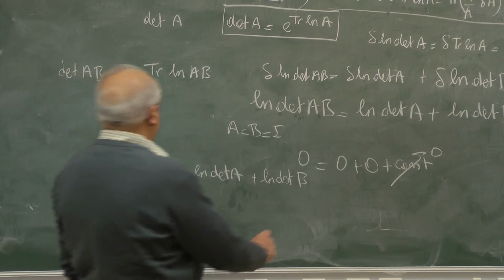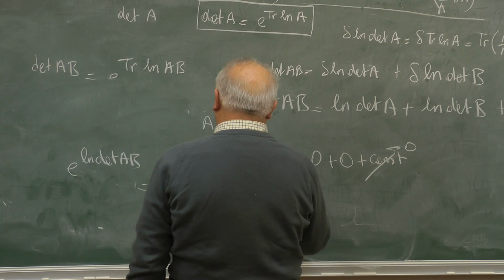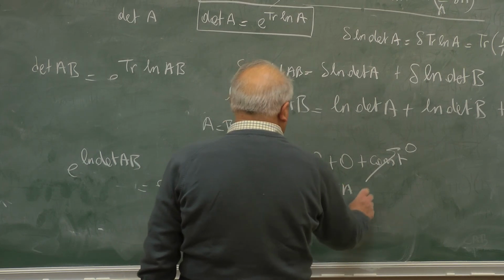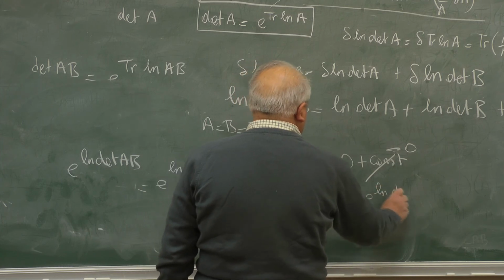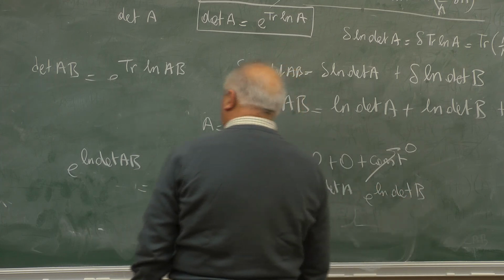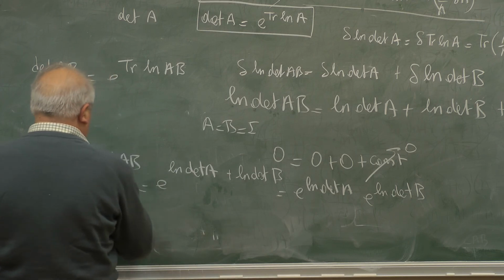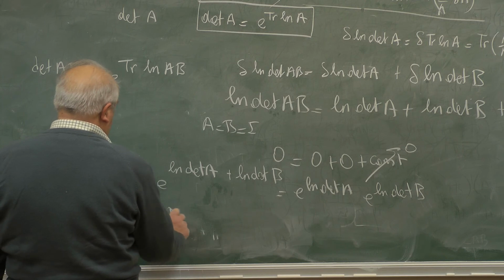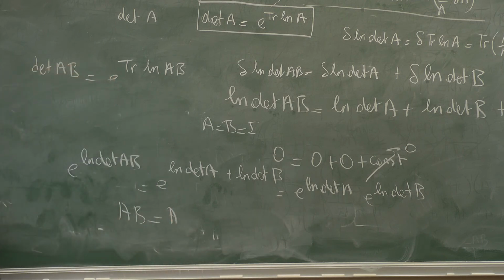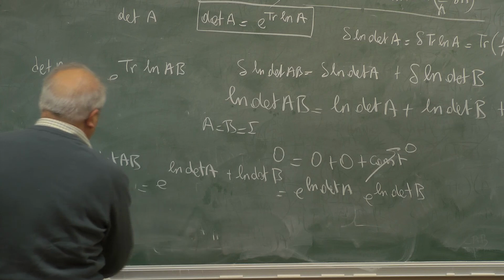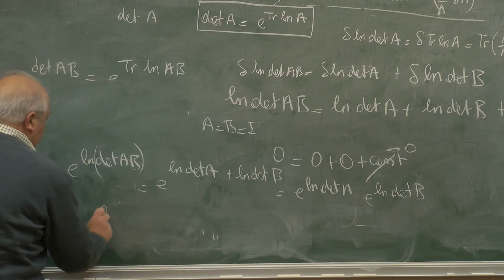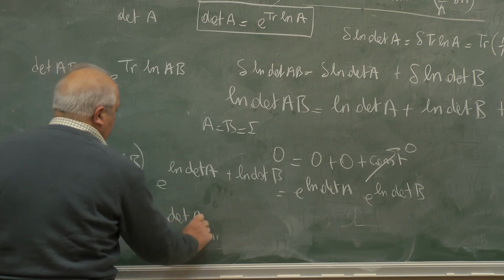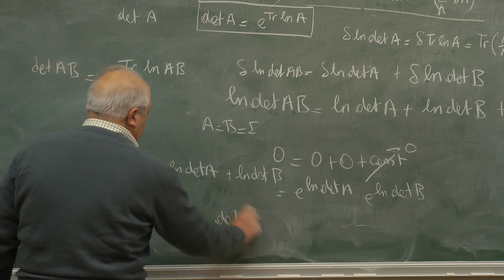So this is e to the log determinant A, e to the log determinant B. And this AB is equal to determinant AB. Determinant AB is equal to determinant A, determinant B.